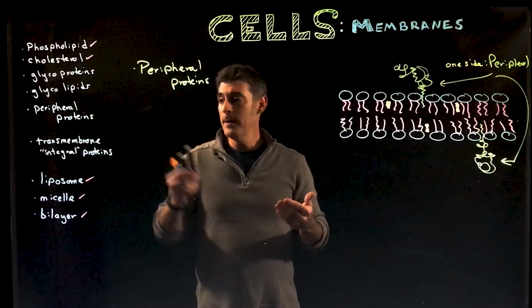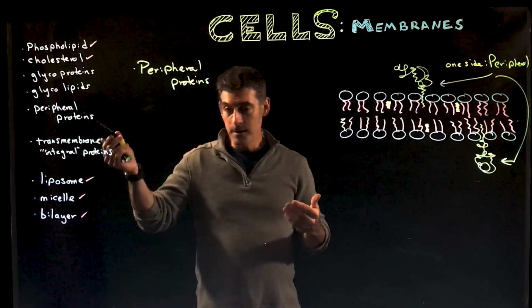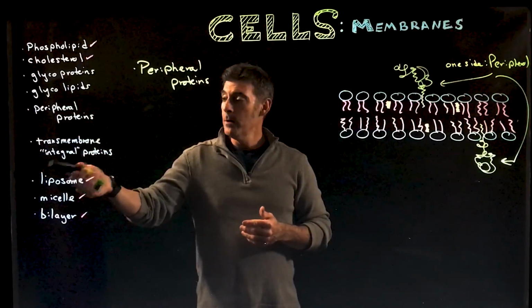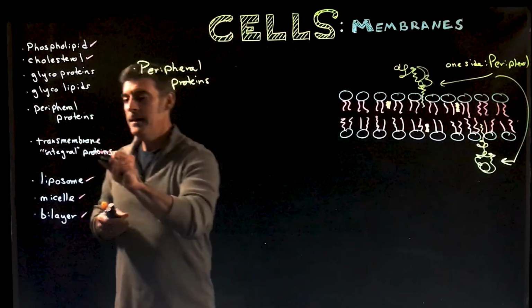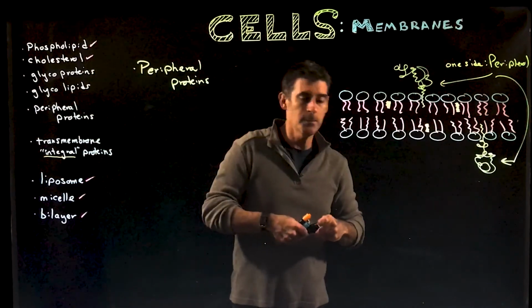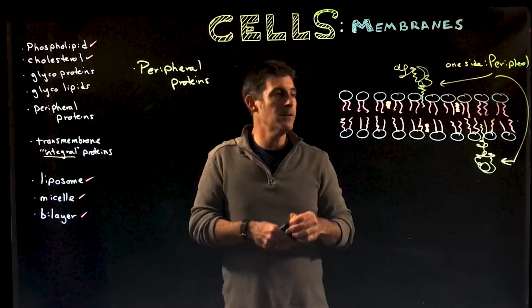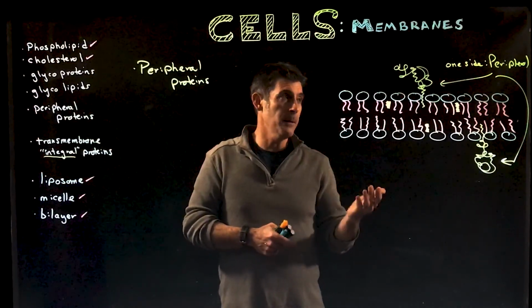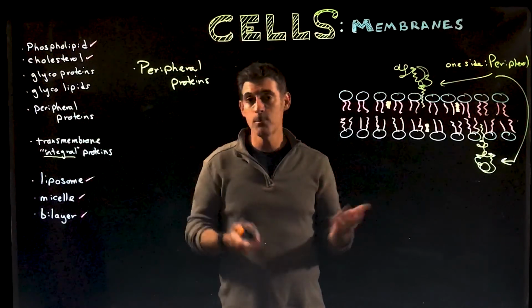And then there are proteins that we call transmembrane, or also referred to as integral protein. So it kind of depends on where you look, which particular book or website or other piece of information you get. Transmembrane protein is my preferred term simply because it's more descriptive.